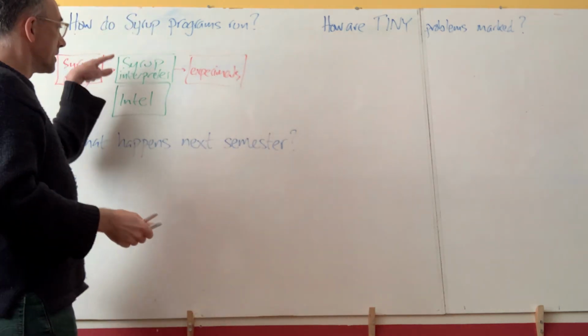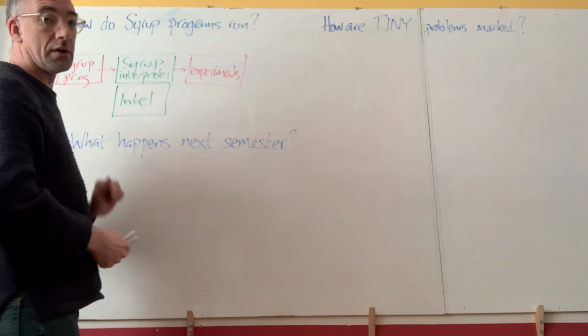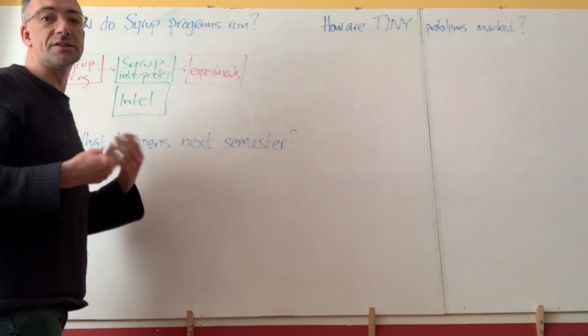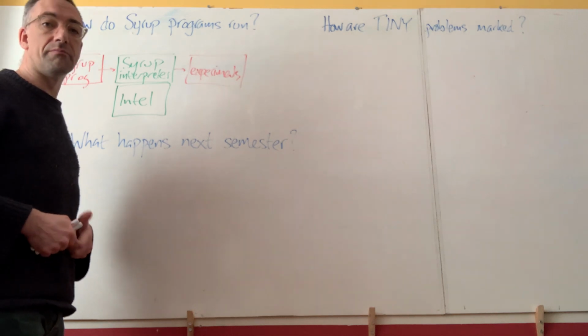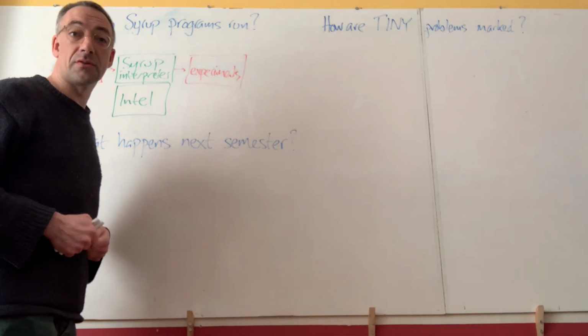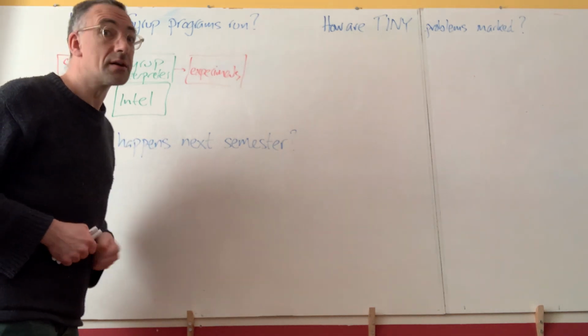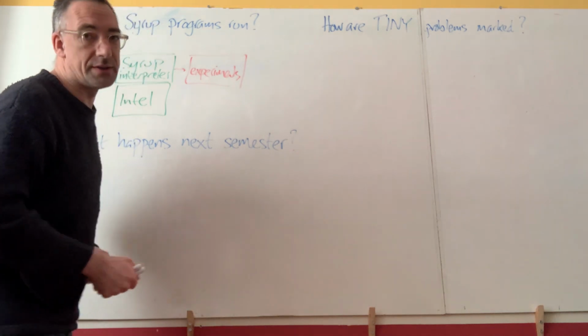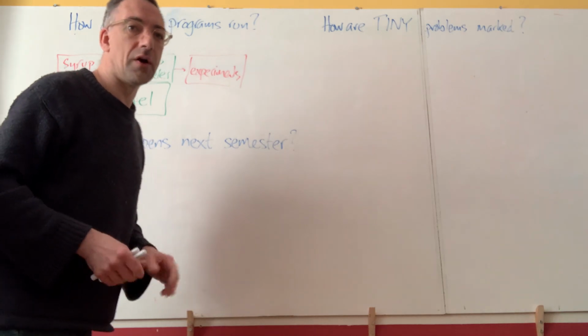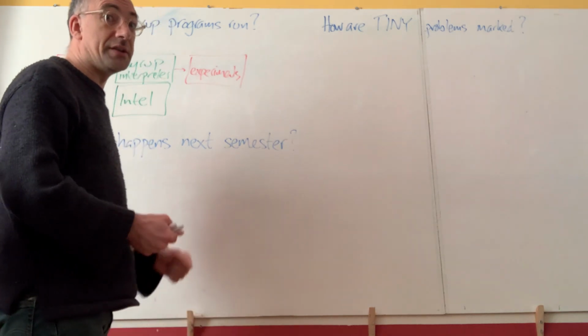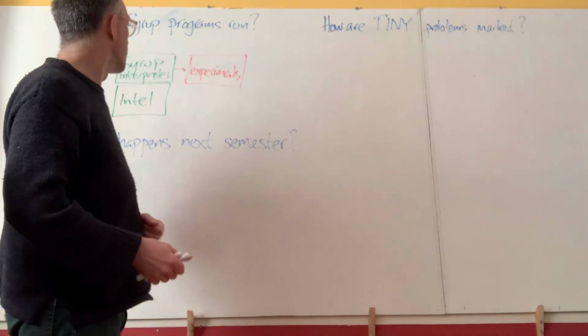But how did we get a Syrup interpreter that could run on the Intel machine? The Syrup interpreter was written in Haskell and compiled using the Glasgow Haskell Compiler, which had already compiled itself into Intel machine code. I told the story of how that traced back to the 1980s and even further than that.